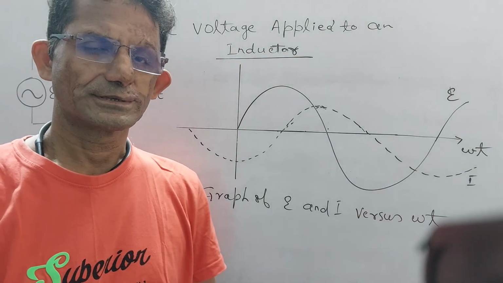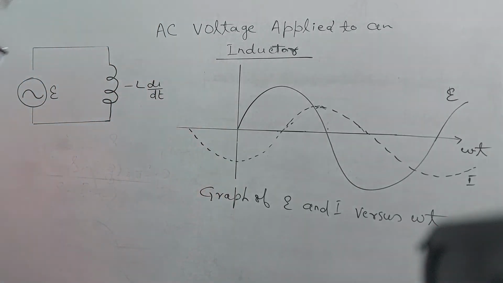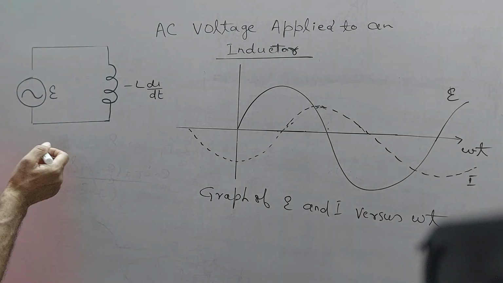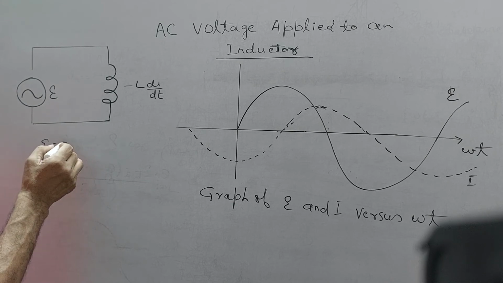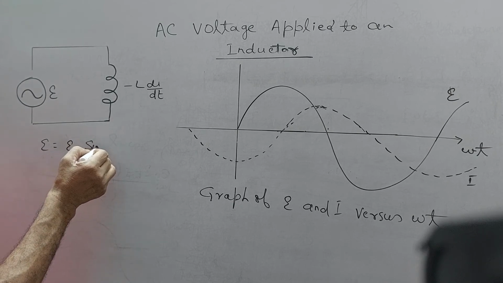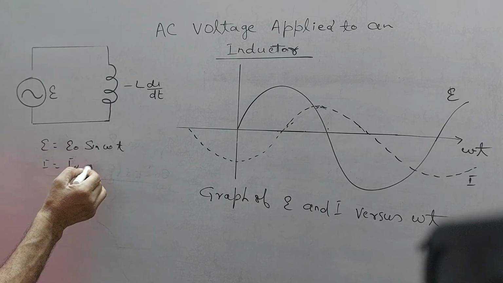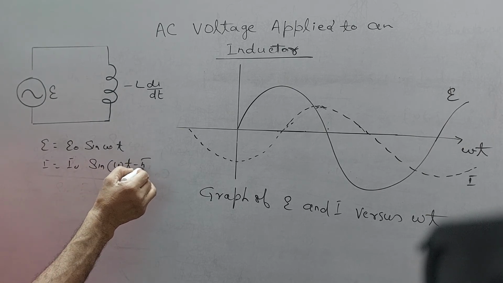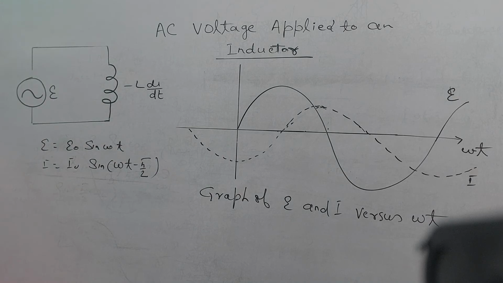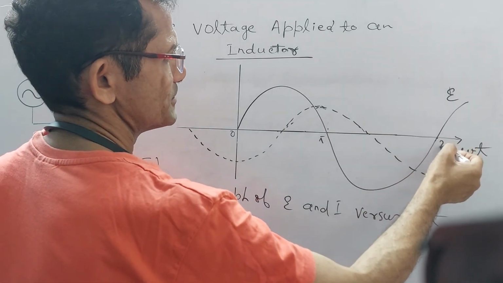Now let us discuss the graph of voltage and current versus omega t. In the last part I found the current in relation to the voltage. So this is the current, this is the voltage, this is the origin, the phase angle phi, and this is 2 pi.